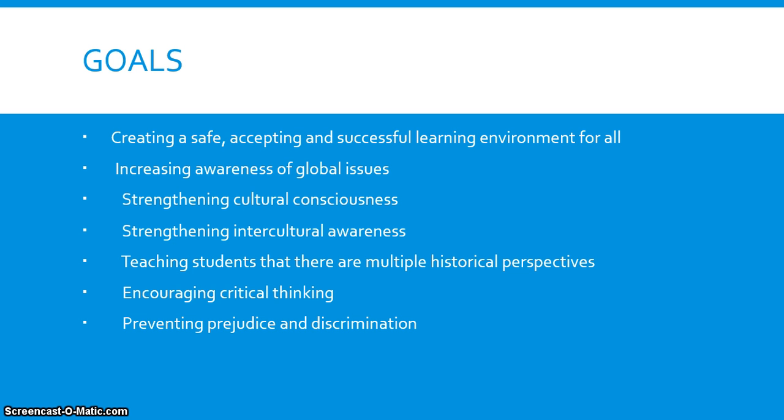We also want to encourage critical thinking, so not just giving kids one viewpoint to look at, but encouraging them to form their own opinions and think critically about the information that they're receiving from their teachers.